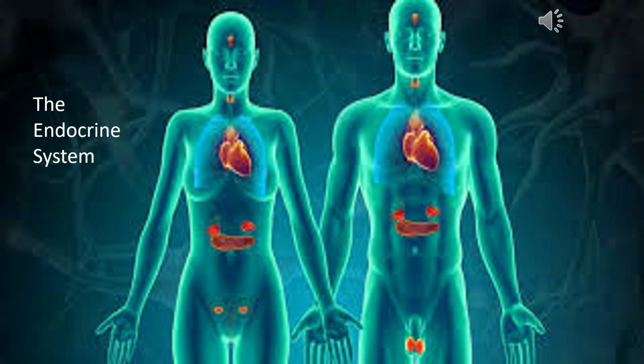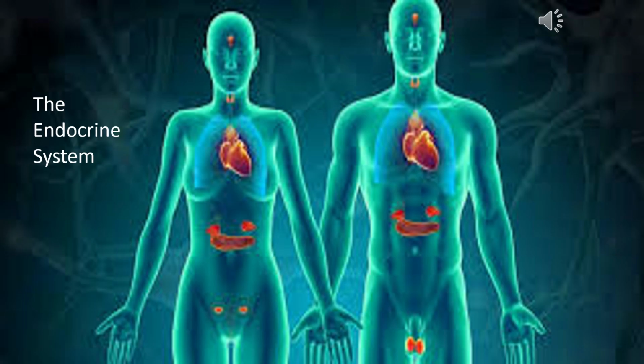Well, we have already talked about neurotransmitters, how a nerve cell will release a chemical that will stimulate or inhibit the next neuron or the target tissue. So neurotransmitters are a mechanism by which cells can communicate with each other.